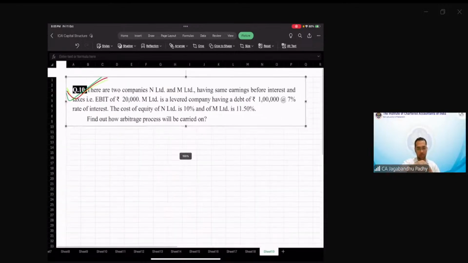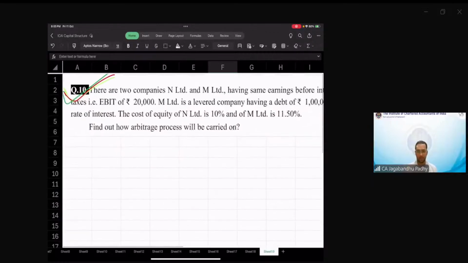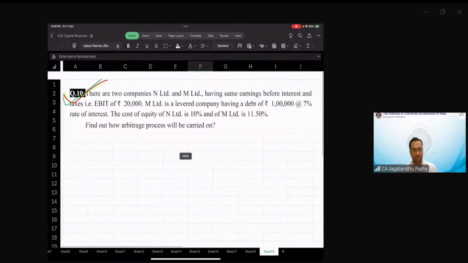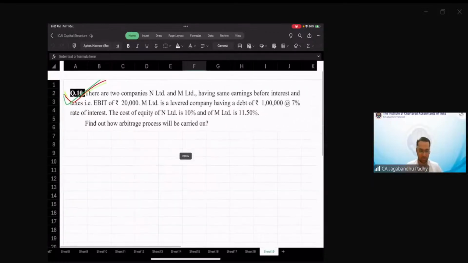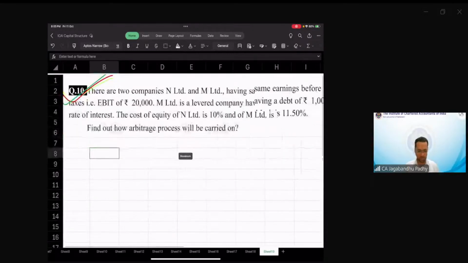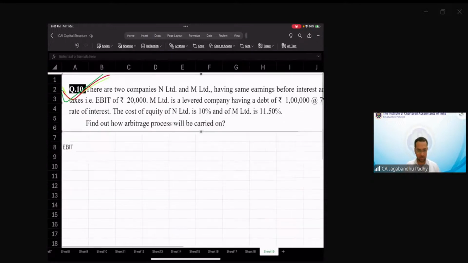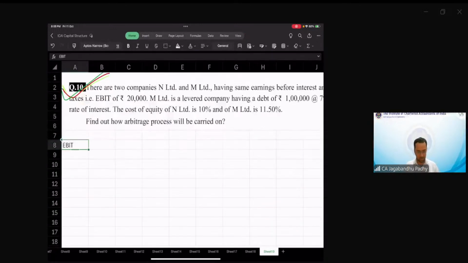We have two companies, N and M, having the same earnings before interest and tax, EBIT, of 20,000. So EBIT is the same for both the companies, which is 20,000.